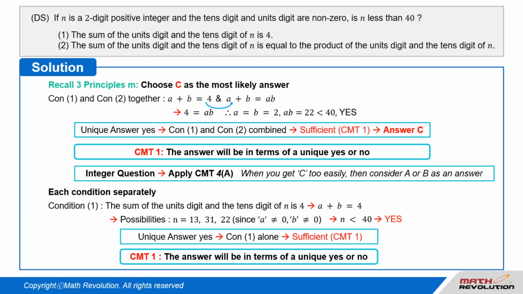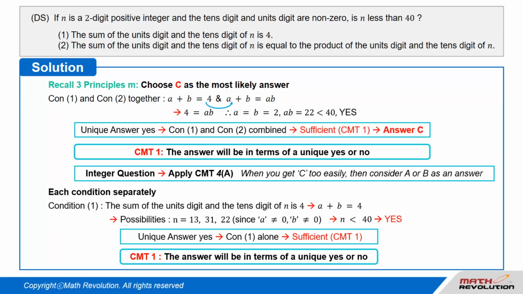Let's take a look at both conditions together. They tell us that a plus b equals 4, and a plus b equals a times b. Substituting 4 in for a plus b in the second equation gives us 4 equals a times b, or a equals b equals 2.